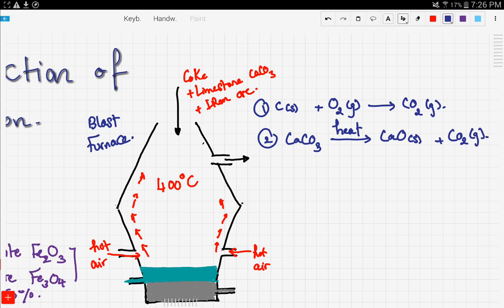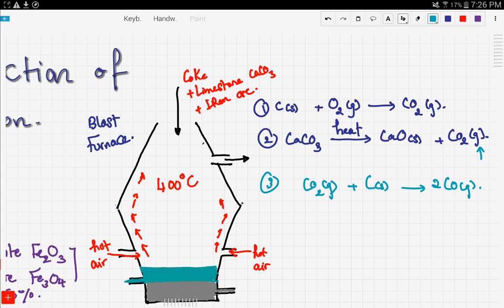Now, pay attention. Well, the next thing that's gonna happen is that the carbon dioxide generated from this reaction will go up in the furnace and react with more coke, giving carbon monoxide gas.